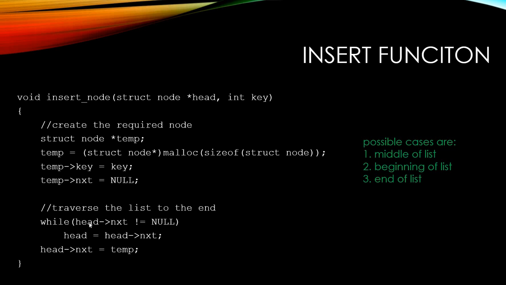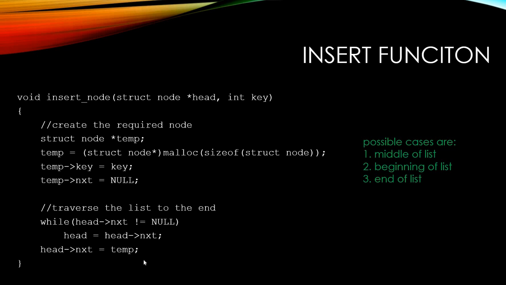So what are we doing? While head next is not equal to null, we traverse: head is equal to head next. Once we reach the end, head next will equal null, and this loop will break, and then we write head next equal to temp.